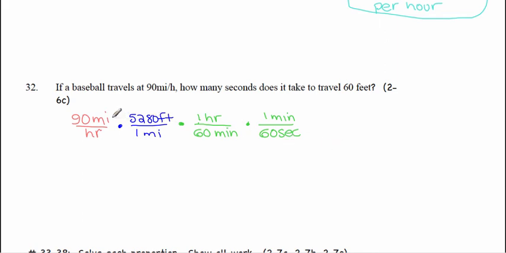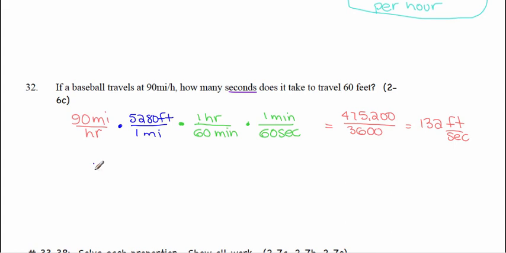So now I'm going to go ahead and multiply all of my numerators. And I have 475,200. Multiply all of my denominators, which is 3,600. Do this division. And I have 132 feet per second. Now I have the other half of the problem, which is how many seconds does it take to travel 60 feet?